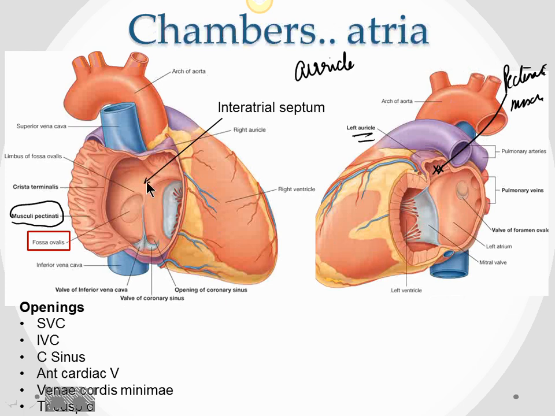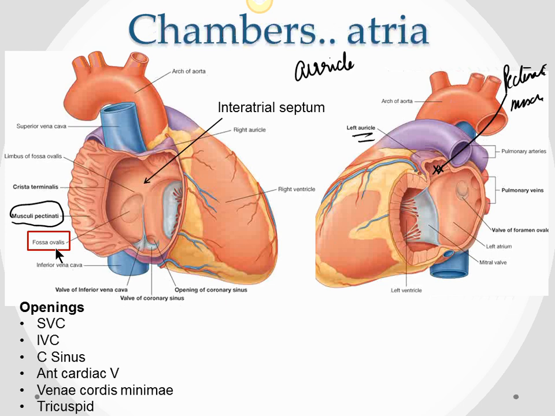So it's like a wall. You'll have a right side to the wall and a left side to the wall. On the right side of the wall, which is visible in the right atrium, you actually see a depression in the wall. That depression is known as the fossa ovalis, and this is a remnant of a fetal structure.